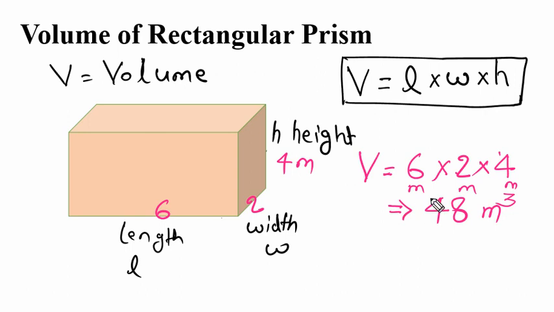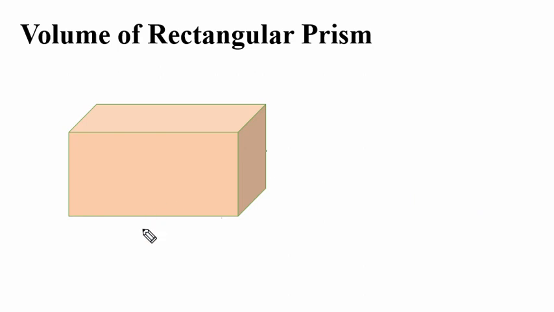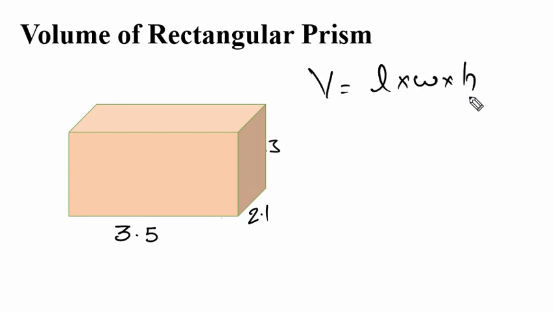Now I'm going to speed up, so try to cope with me. Okay, now let's take this example. The length is 3.5, width is 2.1, and the height is, let's say, 3. So the volume formula is length multiply width multiply height. Substitute the values: 3.5 multiply 2.1 multiply height 3.